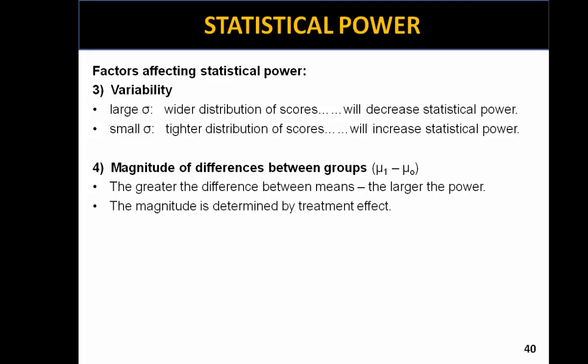And so the magnitude is often determined by what's called a treatment effect that exists within studies, and we'll address that as we go through the various statistical tests. This difference is often referred to as the effect size. So the difference between two groups will have a greater effect size the larger that difference grows.